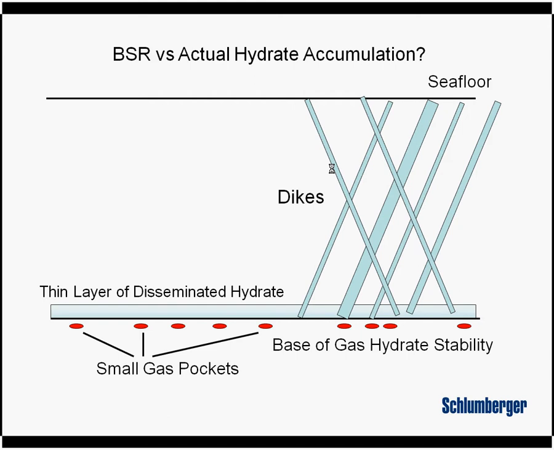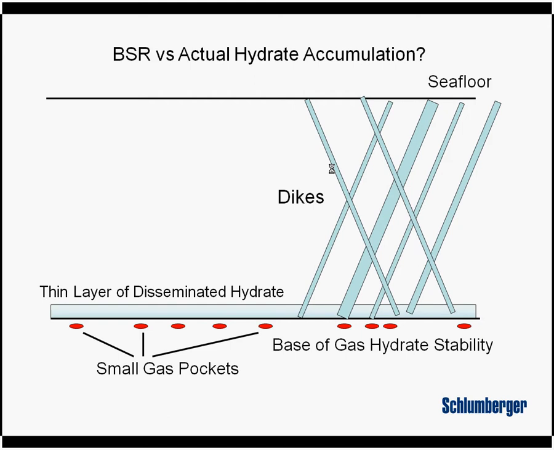So this cartoon shows what one might expect a gas hydrate reservoir to look like. At the base of gas hydrate stability, there might be a thin layer of disseminated hydrate which traps free gas, and that gives you a very strong seismic reflector, which is the famous bottom simulating reflector.